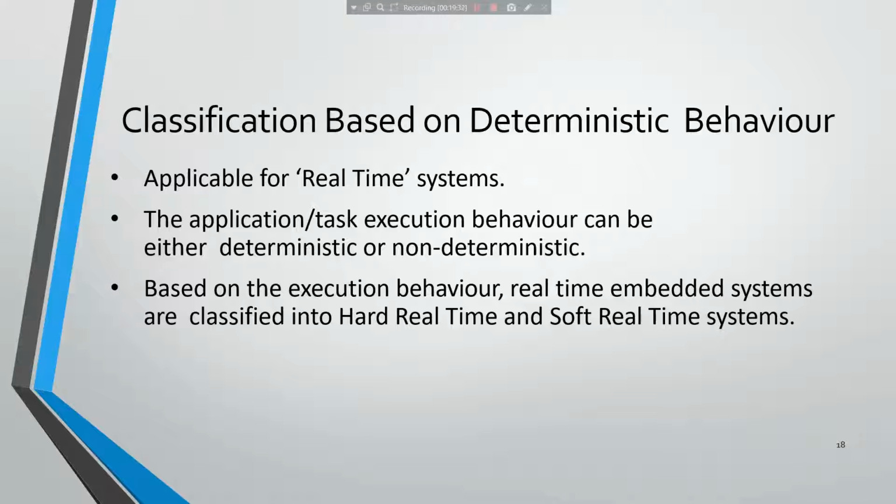Soft real-time is something where it is okay if it takes time. So instead of 10 seconds, it can take 11 seconds, or 11 minutes also, depending upon what type of application we are using. That comes under soft real-time systems. Critical applications can be used in hard real-time systems, and slight delays can be accepted in soft real-time systems.